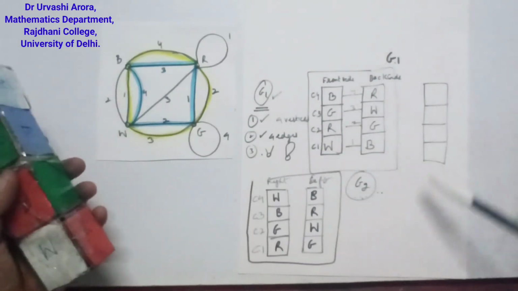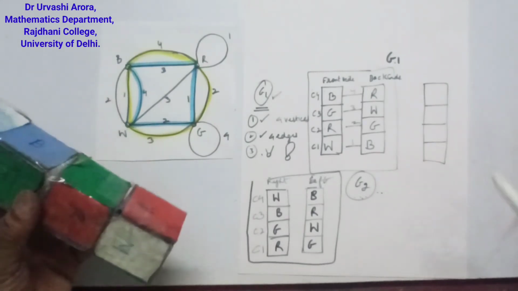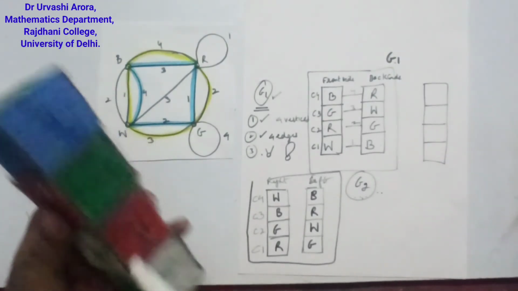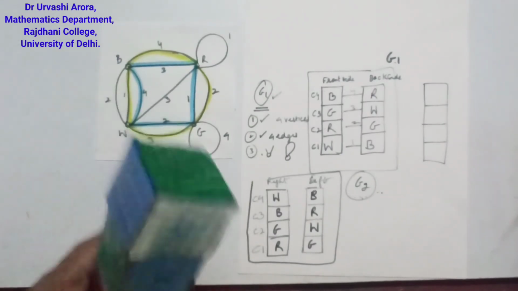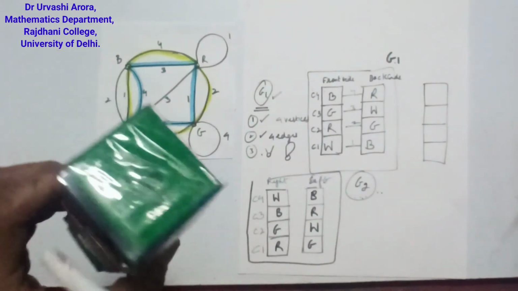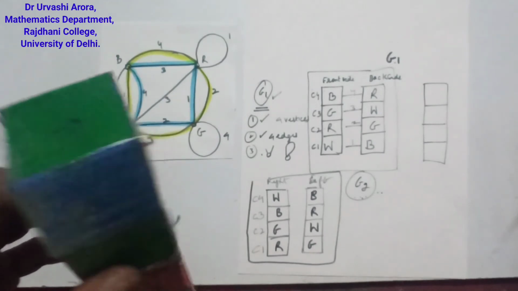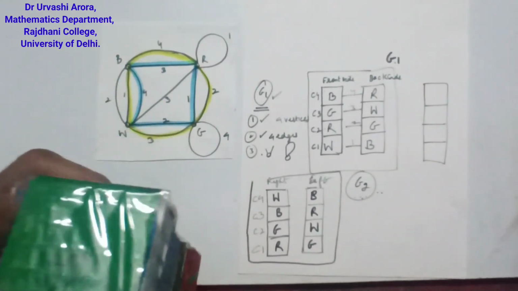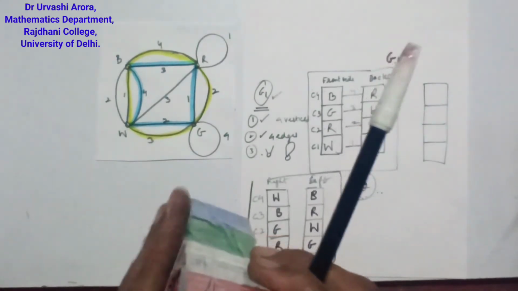But this is how you have to proceed to find the solution to the instant insanity problem, in which 4 cubes are given whose faces are painted with 4 different colors, and you have to stack them in such a way that all the 4 colors appear on all the 4 faces: the front face, the back face, the right hand side face, and the left hand side face.